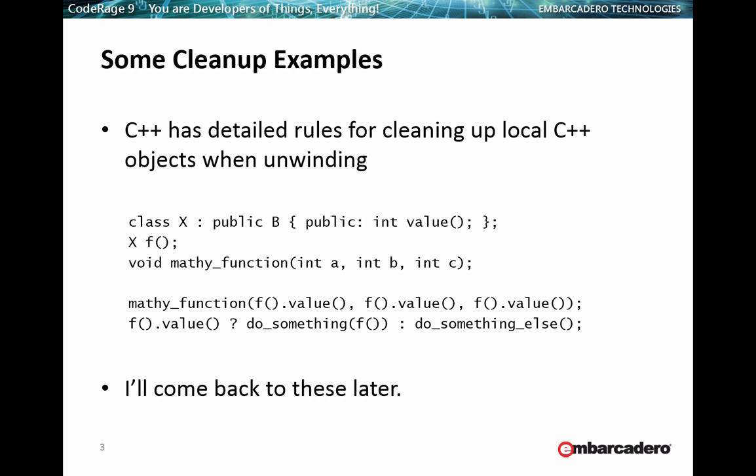In any case, whichever temporaries got created, conditional or not, they have to be destroyed at the end of that statement. Or if an exception is thrown in the middle of that statement, either by do something or by do something else, only the temporaries that have actually been constructed have to be destroyed. So again, some fairly complicated bookkeeping. And the reason I'm mentioning this now is it's related to hardware exception handling, which I'll come back to a little bit later on. Okay, next slide.